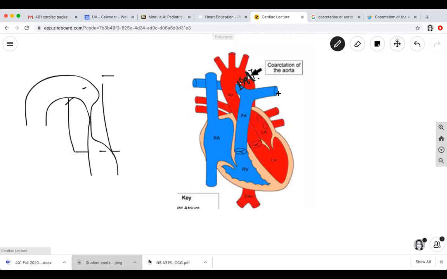If you paralyze a baby and put them on the ventilator, you can manipulate their carbon dioxide levels. So, depending on how sick the baby is and how quickly it was picked up that this was a cardiac problem, that will all affect how the baby is managed and what interventions are needed.